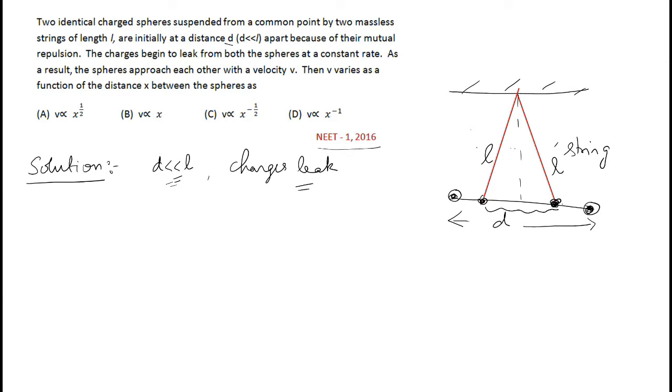At some instant, let's say x is the distance between them. The original distance was d. They are moving, but at some instant of time, let the distance between the two spheres be x, and consider this angle to be theta. Automatically, this angle will also be theta. The situation is highly symmetric.